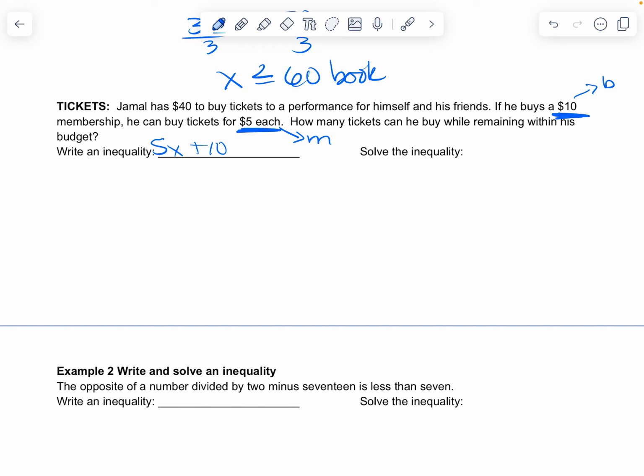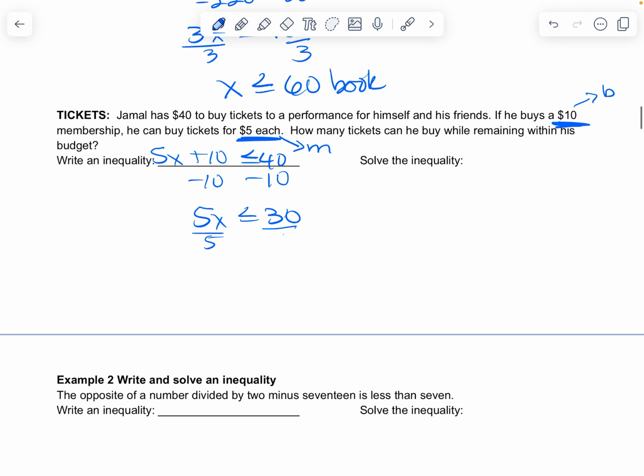And he has $40 for tickets. He can't spend more than $40. So I divide by 5, divide by 5. X is less than or equal to 30, or not 30, 6. So he can buy 6 or fewer tickets.